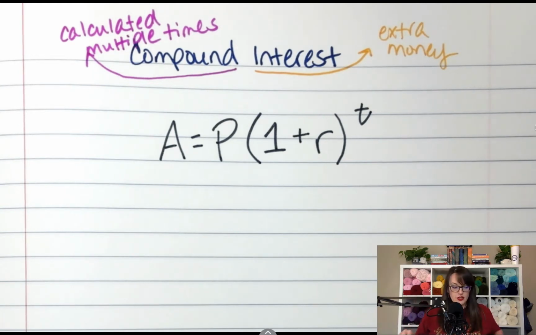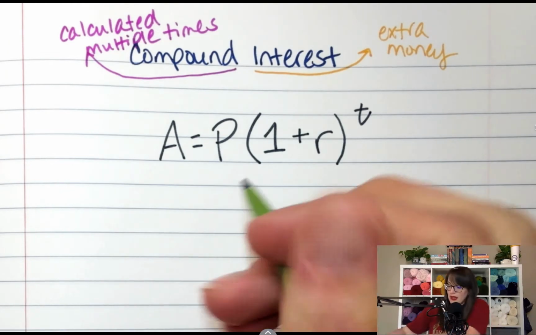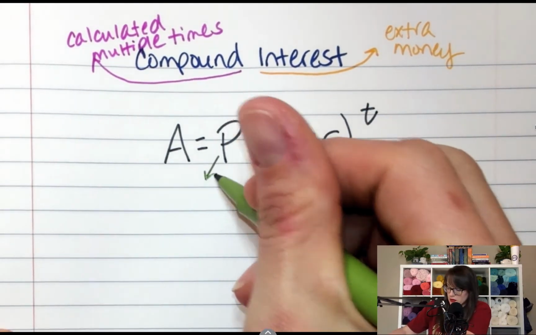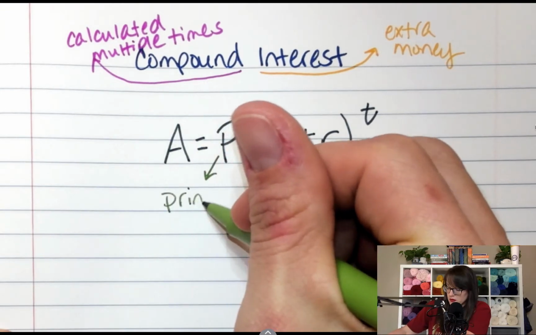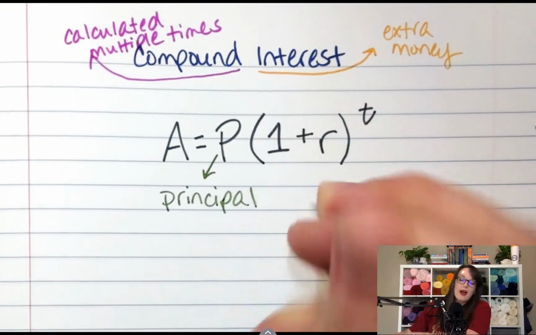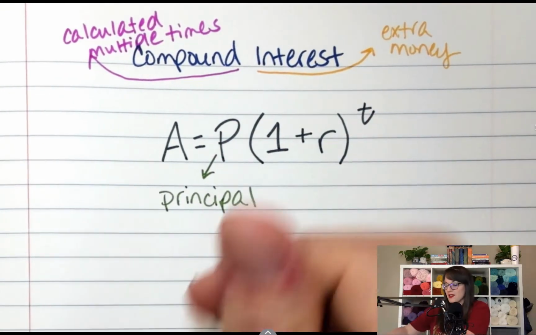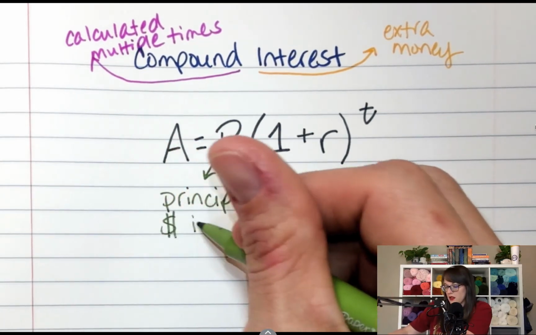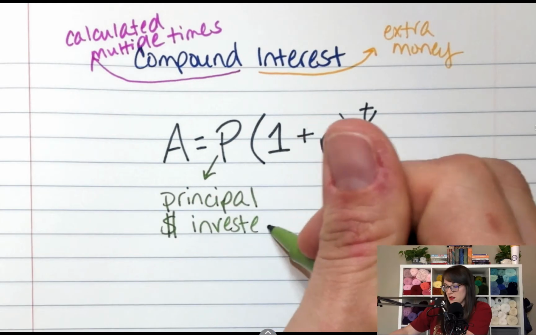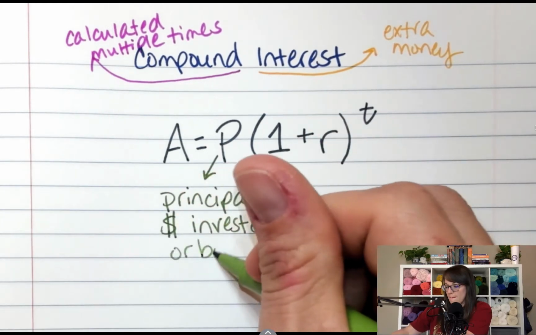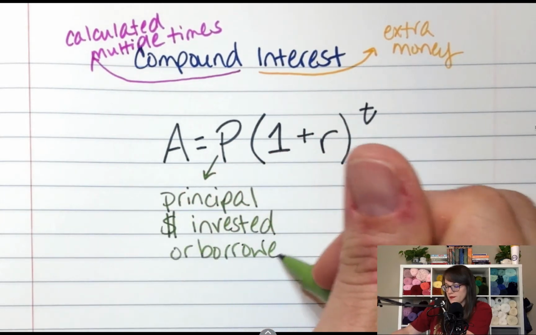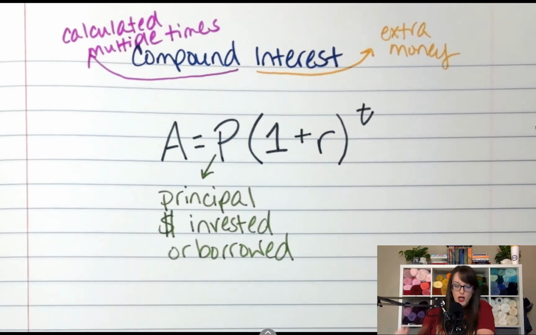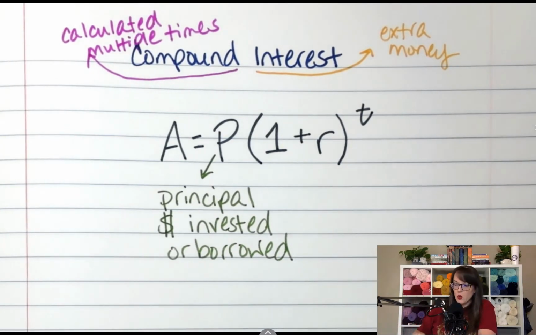Just like simple interest, all of these letters stand for the same stuff. So P is still principal. That is your money invested or borrowed. R from simple interest was the rate.